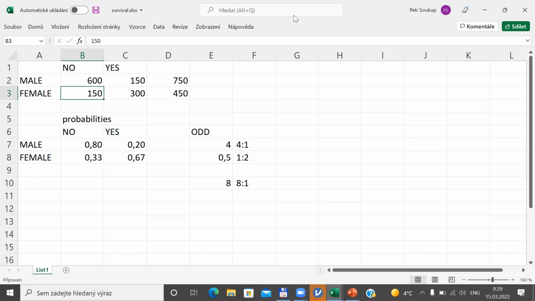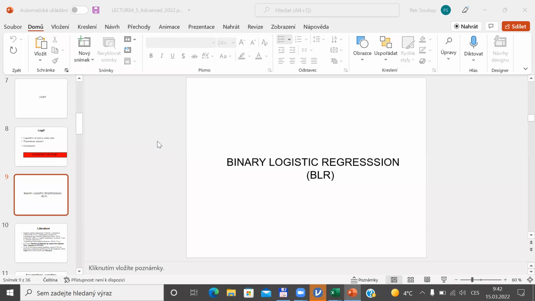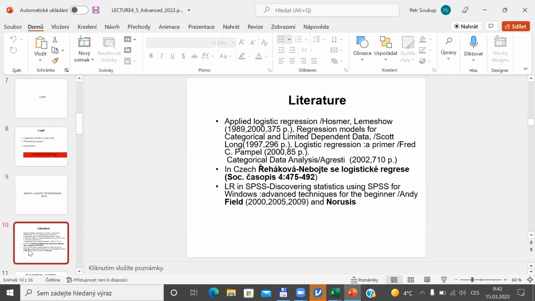Okay, if there are no questions, here we are in the description of binary logistic regression. I guess we covered nearly all necessary steps. So I would briefly only go into the literature. If you would like to know more about logistic regression, there are some very detailed books.